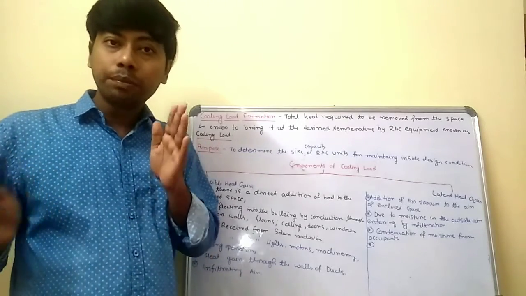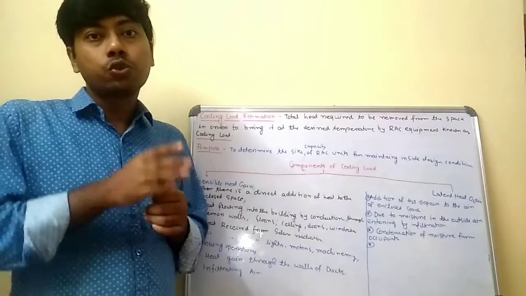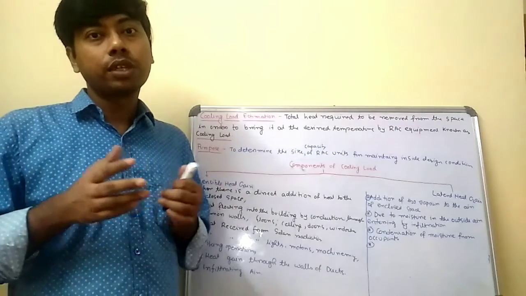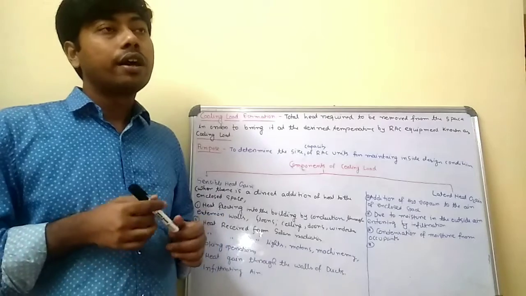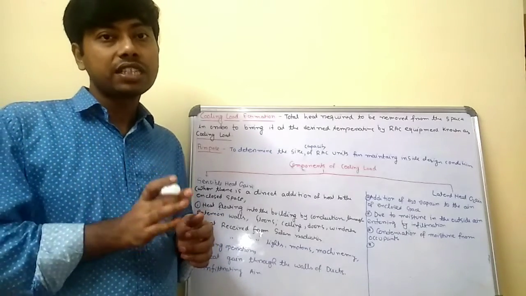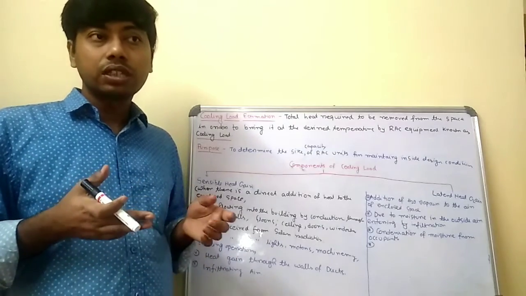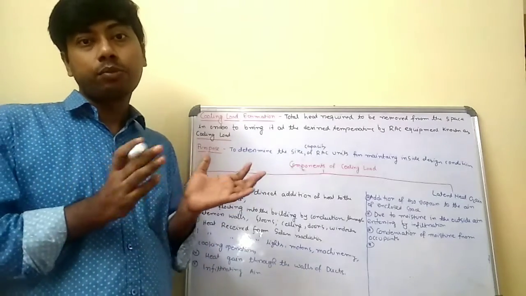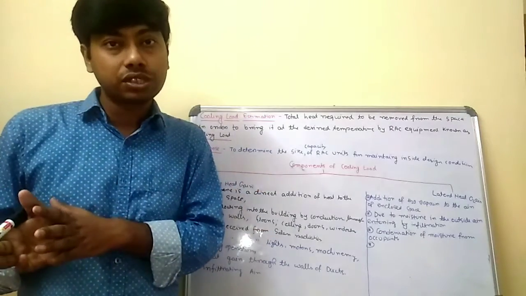There are two temperatures: the outside temperature and the inside temperature of the room. So to maintain the inside temperature of the room for comfort conditions or any other purposes, some heat generation will take place within this room for several reasons. So what amount of heat can be generated within this room, that amount of heat should be extracted to the outside.